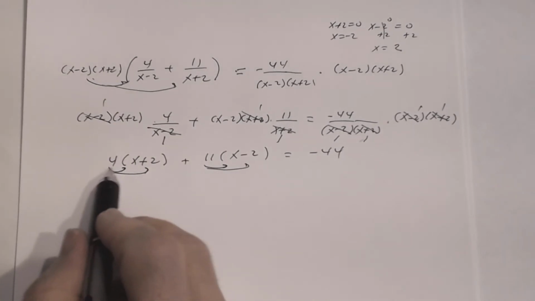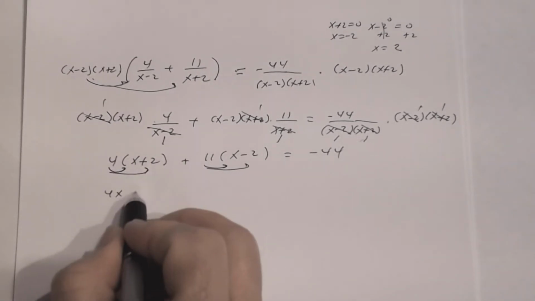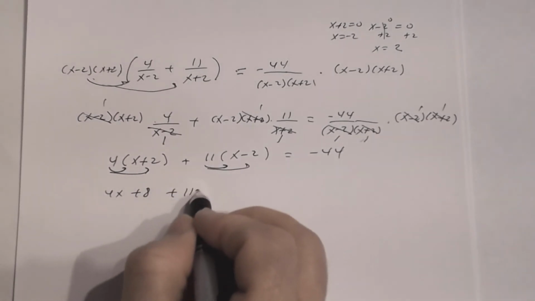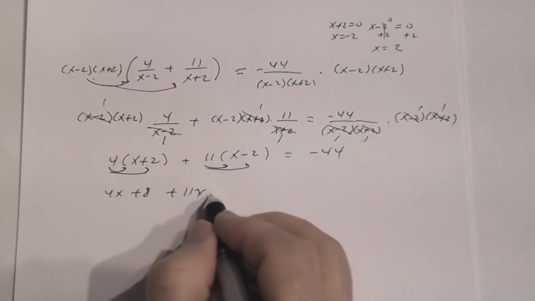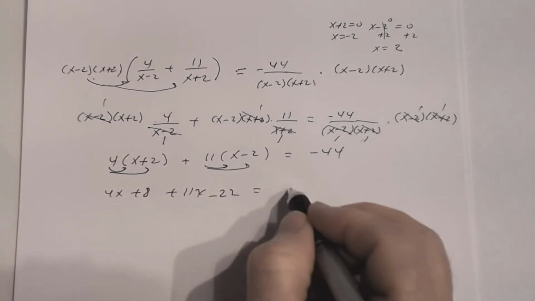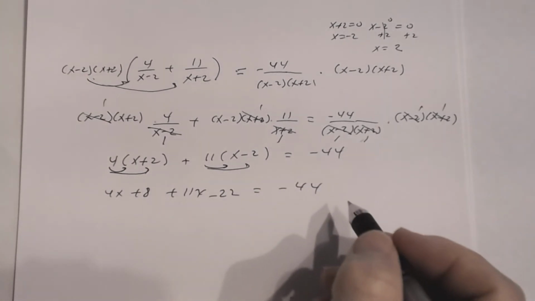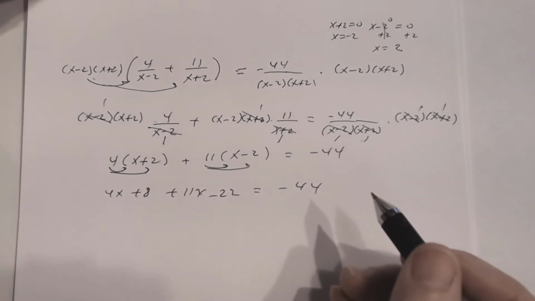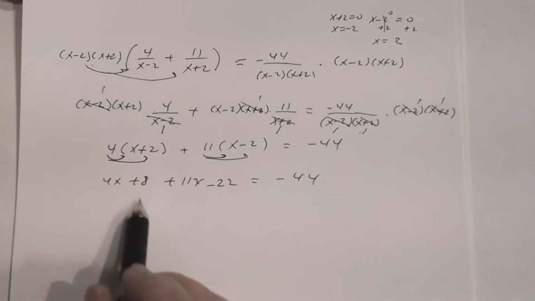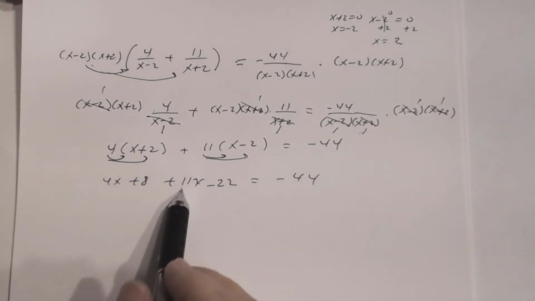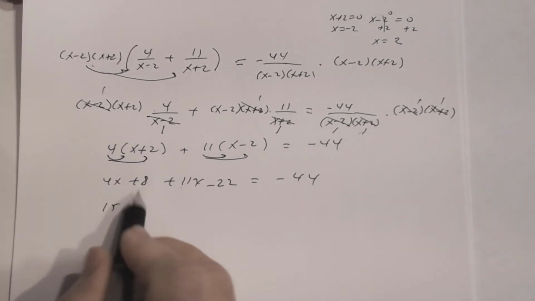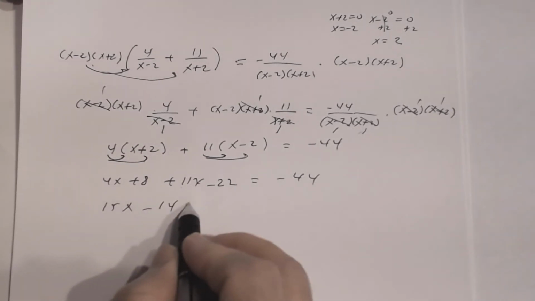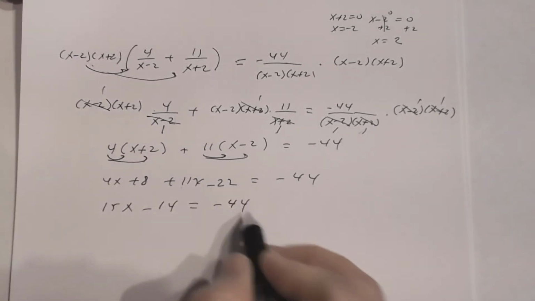And so let's go ahead and distribute. So I get 4 times x is 4x, 4 times 2 is 8, 11 times x is 11x, and then 11 times a negative 2 is negative 22, equal negative 44. Okay, so then the next step is to combine like terms on the left side. 4x and 11x is 15x. 8 and negative 22 is negative 14, equal negative 44.